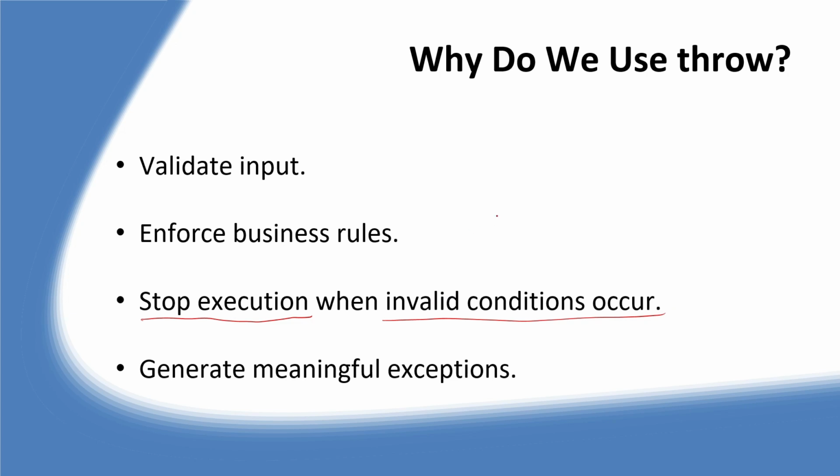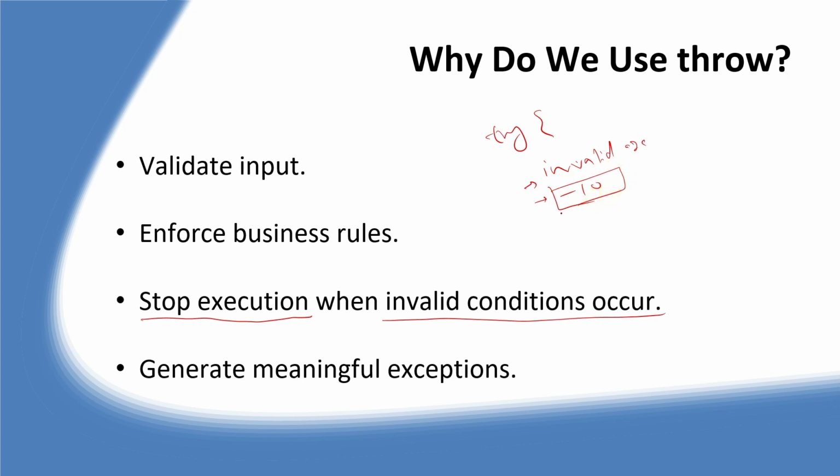For example, let's say inside the try block there is some user and he's giving some invalid age. Let's say the user is asked to give input of age, but he is giving age as -10, some invalid input.